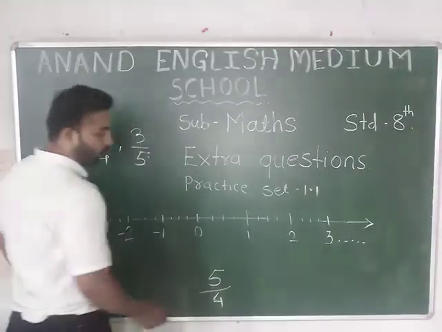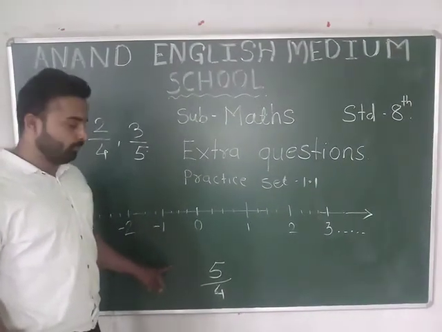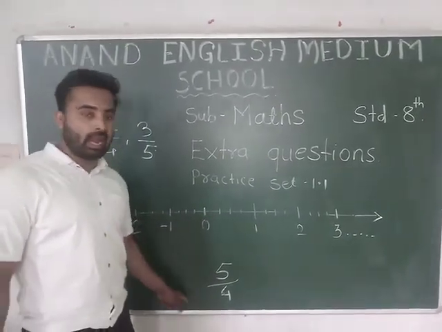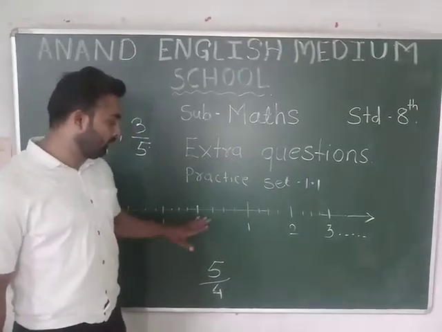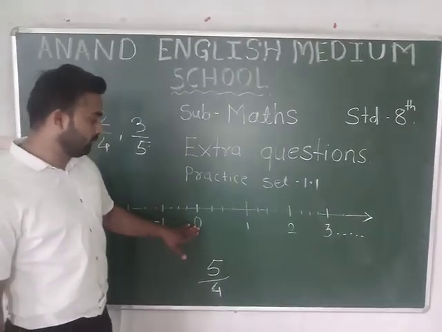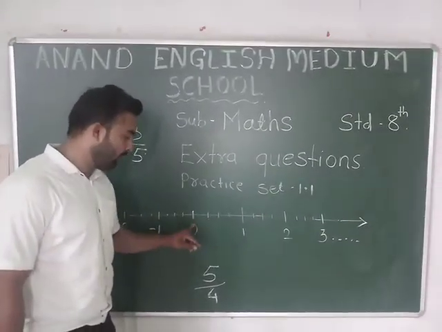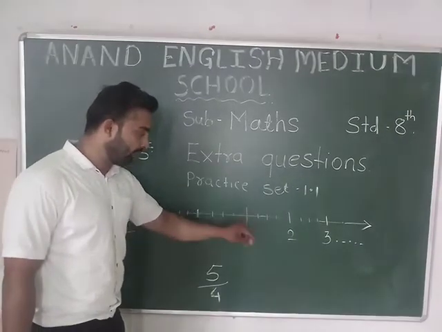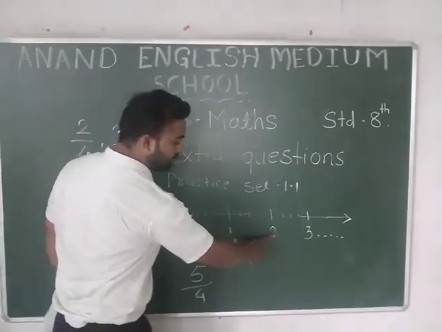First of all, 4 is the unit, so it must have 4 points between two numbers. Like from 0 to 1, it must have 4 points: after 0, 1, 2, 3, and the fourth point is the number.